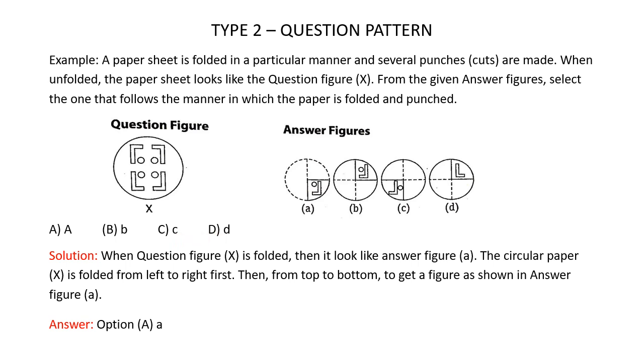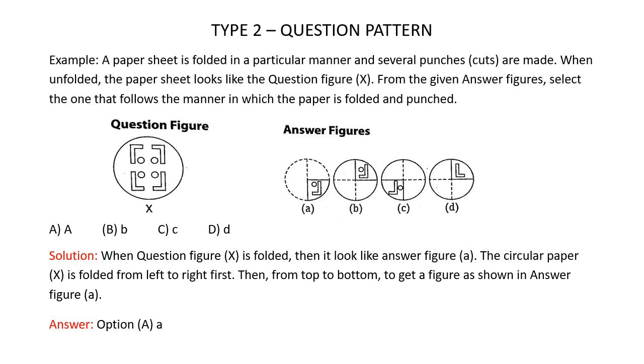So a paper sheet is folded in a particular manner and several punches or cuts are made. Now question figure X shows how the paper sheet will look when unfolded after the cut has been made. Then you are given 4 answer figures marked A, B, C and D. From these answer figures, you have to select one answer figure which will show the manner in which the paper has been folded and punched.